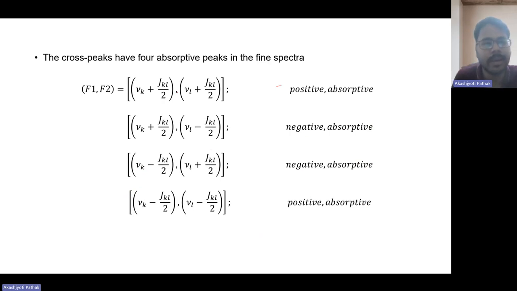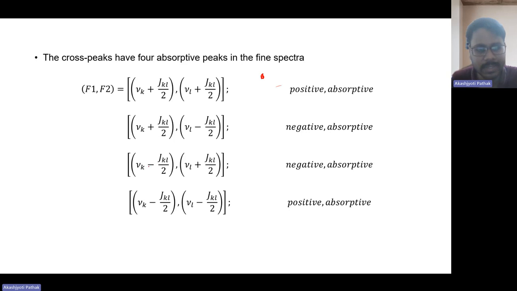So the first peak that we get, in the F1 axis will be at this point, and in the F2 axis this will correspond to this point. And then the second peak will correspond to this point in the F1 axis and this point on the F2 axis.